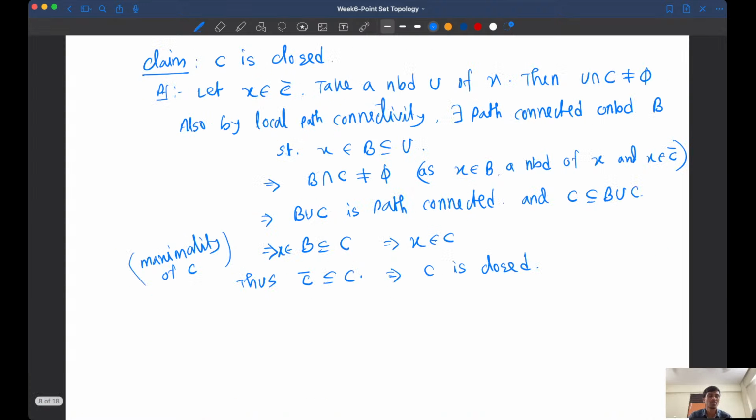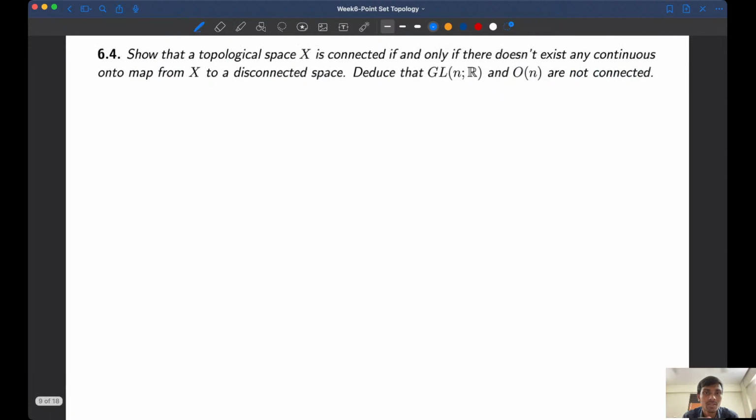Okay, next suppose we have a topological space X. Then connectedness is the same as saying that there does not exist any continuous onto map from X to a disconnected space. That is again a very easy consequence.